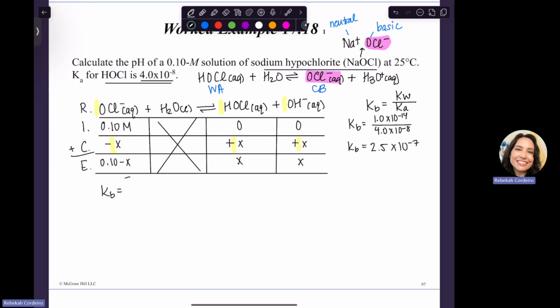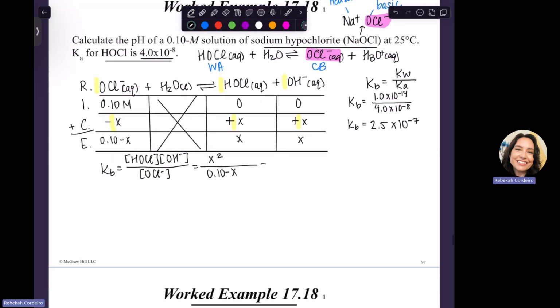And then we have our Kb. Let's write the Kb expression. It's going to be my products over my reactants. And again, we exclude the water. And then I can plug in. And of course, we have the opportunity here, we always want to try to not do quadratic. Do you see how my K is very small? Let's try X is small.